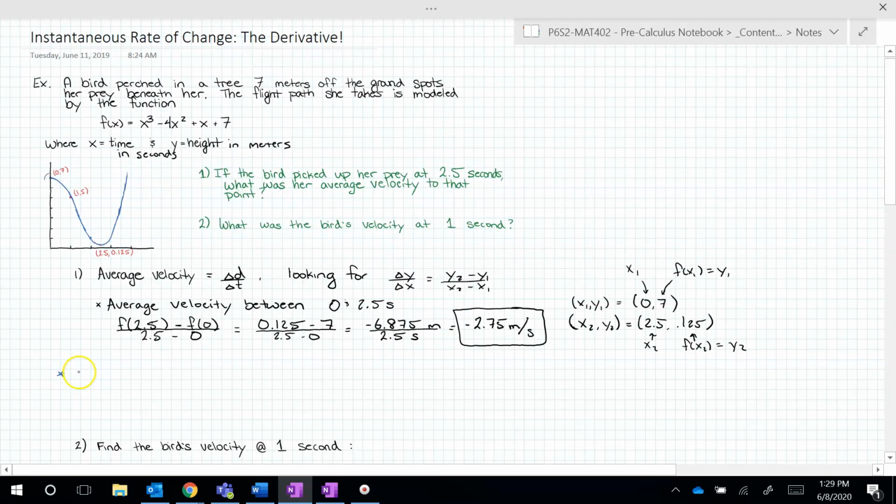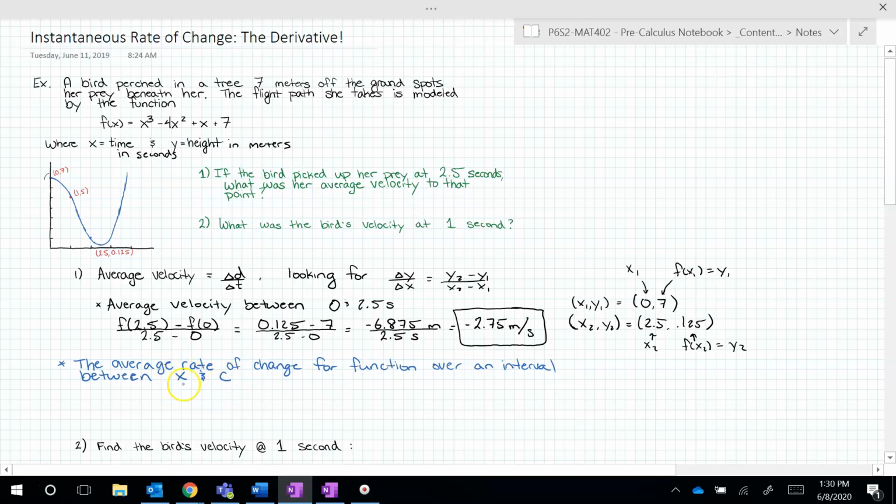So the average rate of change for a function f over an interval between x and c. So we are using two different x values here.